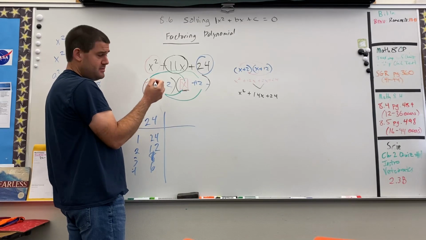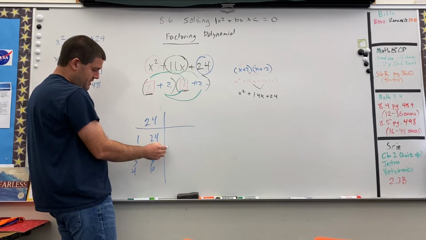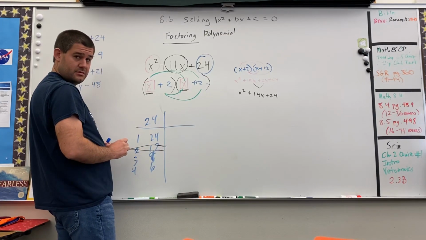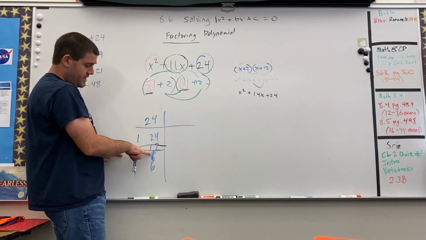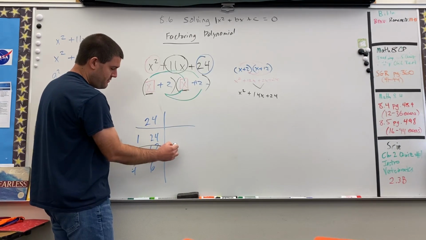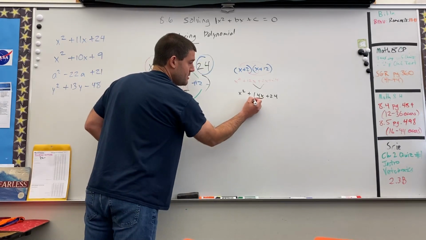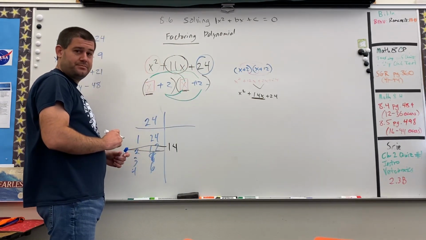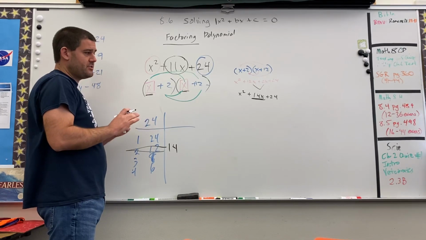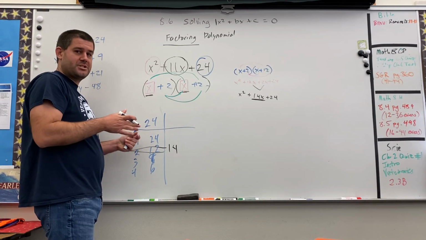It doesn't. So we know that the 2 and the 12 aren't going to work. Now notice this 2 and 12, if we add those two together, we get 14. This 14 is the same as that 14. If at any point during this video something doesn't make sense, just rewind it a little bit and watch it again.